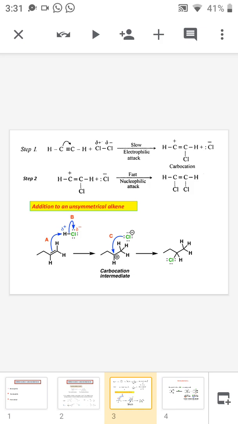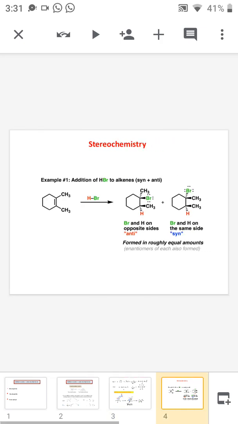This is the mechanism of the electrophilic addition reaction, and we will discuss both the addition to symmetrical alkene and unsymmetrical alkene, and similarly the addition of a symmetrical reagent, that is X2, and an unsymmetrical, that is polar molecule. Now we are moving into the stereochemistry of electrophilic addition reaction.